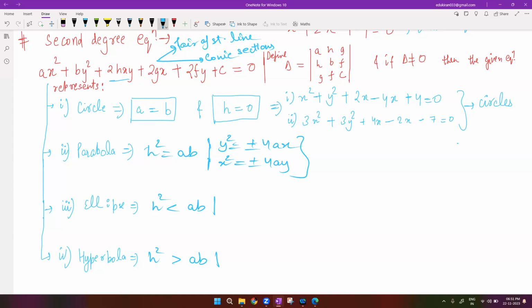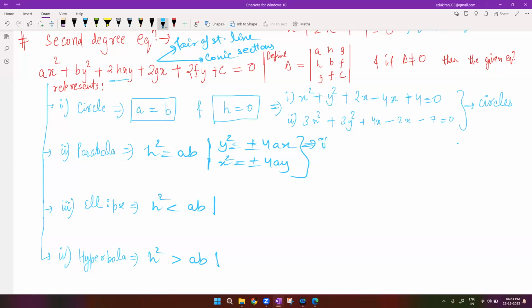So this is a simple explanation, or a simple trick you can use to remember whether it's a parabola or not. And the trick is, either y square or x square. Okay, I'll write it in this form. Just a minute. Yes.